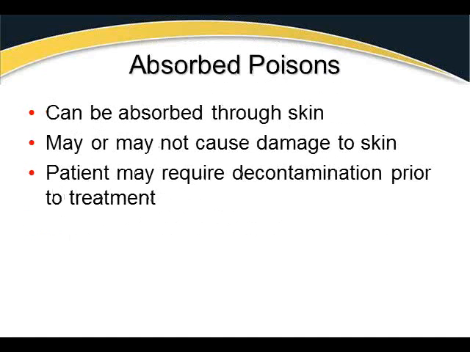So absorbed poisons. These can be absorbed through the skin. They may or may not cause damage to the skin themselves, and the patient may require decon prior to treatment. Sometimes the poison actually doesn't do anything to the skin, but as readily absorbed as it is, it gets pulled quickly into the bloodstream, and obviously certain areas of your body are much more ready to absorb something.